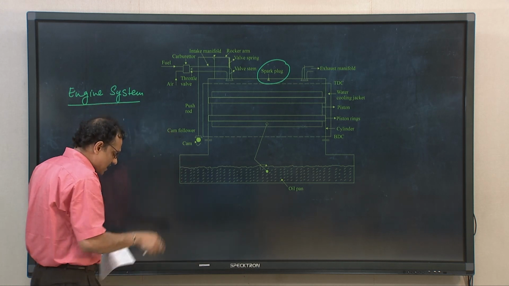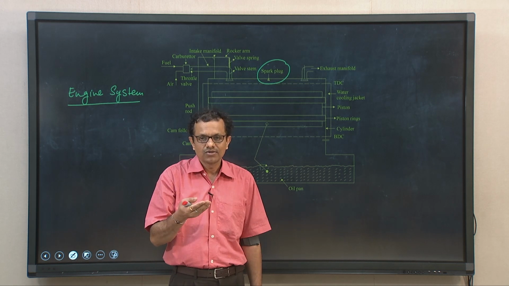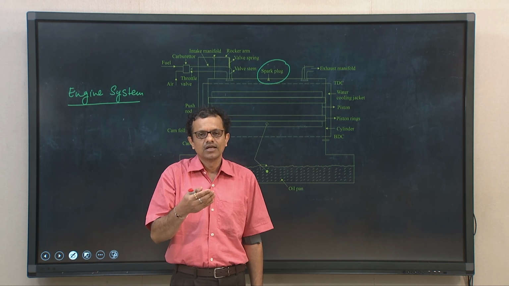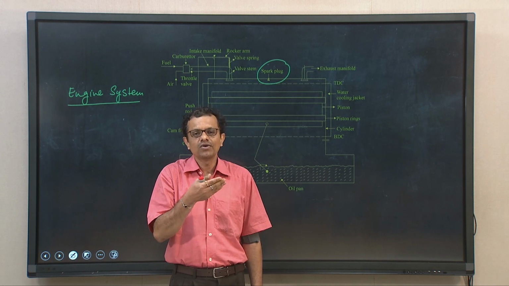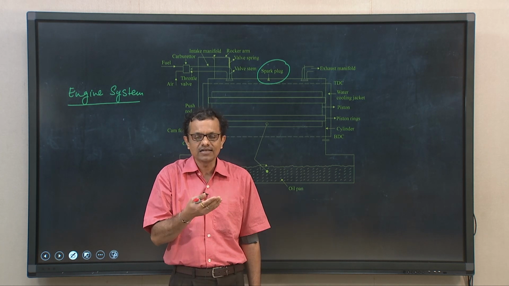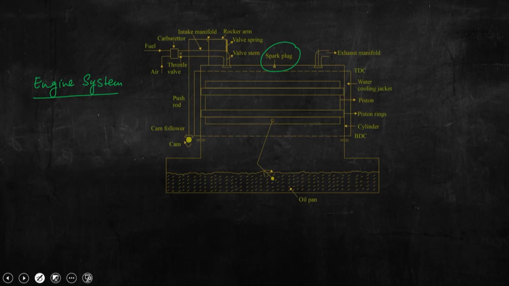The spark plug is responsible for the initiation of spark, which in turn will be used to combust the fuel-air mixture, from where we will get some energy in the form of heat, and that heat would be converted into useful work, and that is the purpose of having this system. Now, in this engine system typically there are 3 subsystems. The first subsystem is called the ignition system.